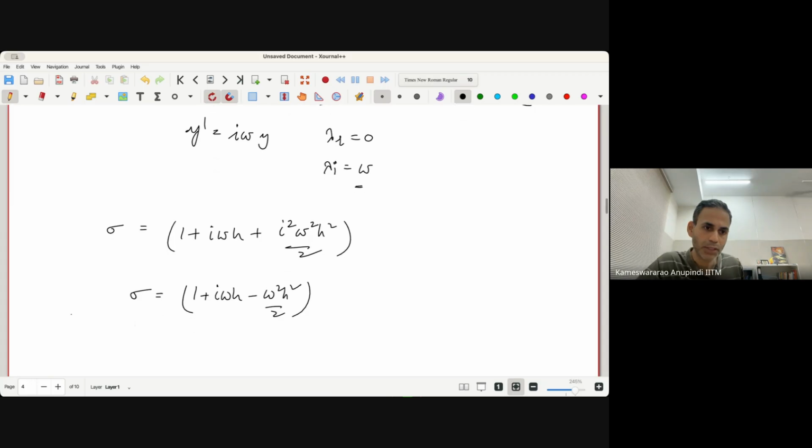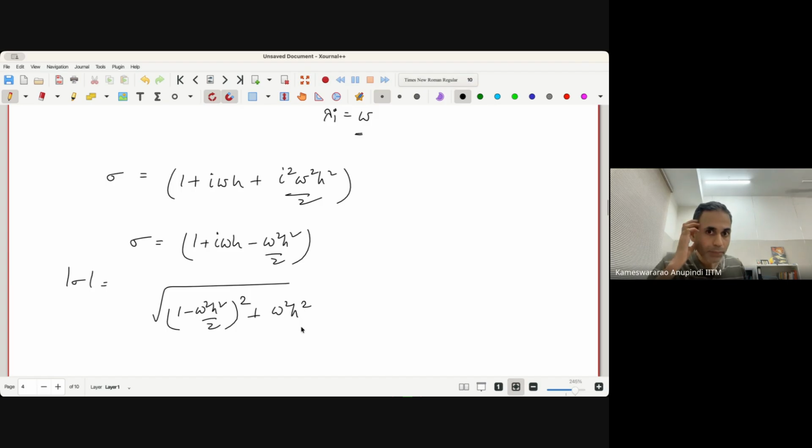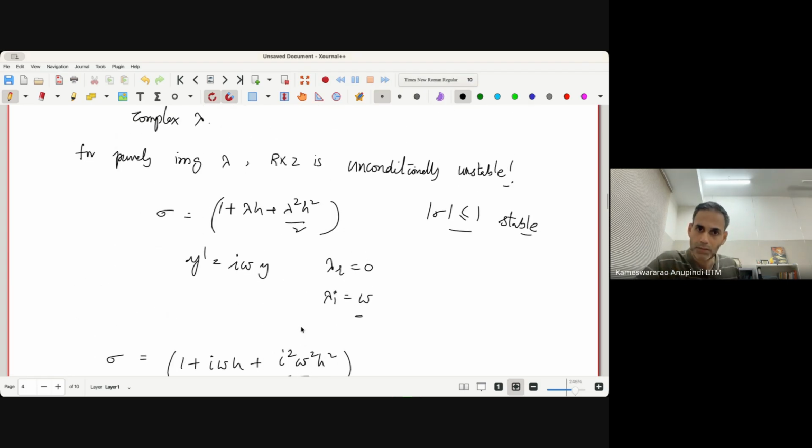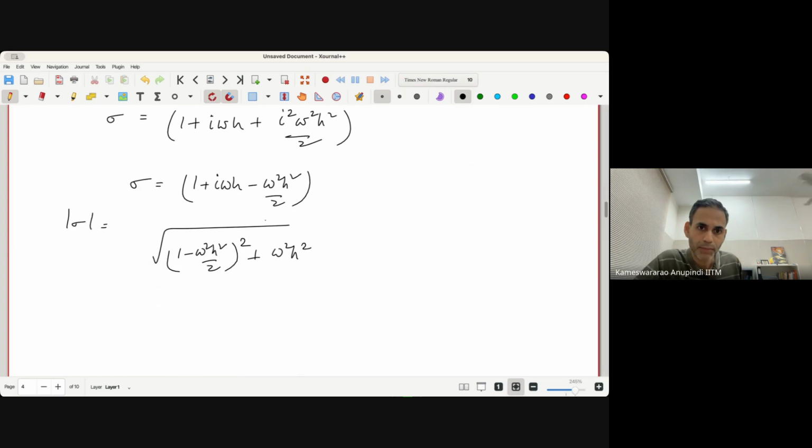Then if I take the modulus of sigma, that is going to be the square root of the real part, 1 minus omega square h square by 2, squared, plus the imaginary part, omega square h square. Okay. So that's what I have. That means if I calculate this value, it is the square root of 1 plus omega power 4 h power 4 by 4, minus 2 times 1 times omega square h square by 2, plus we have omega square h square from here.